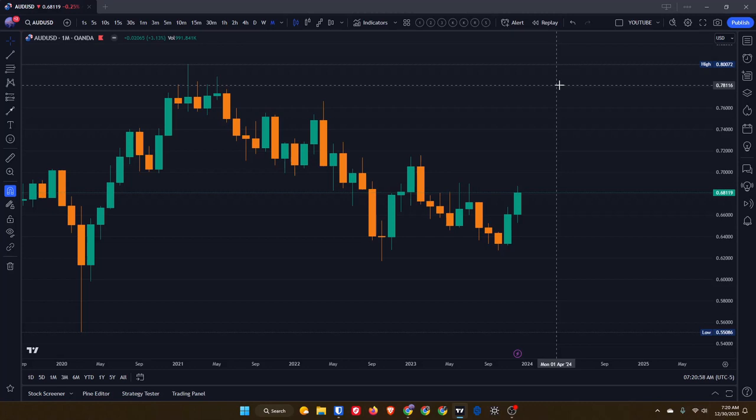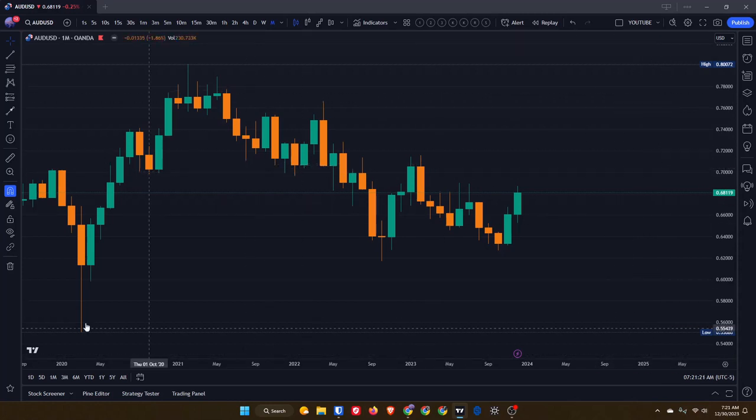Because the more confluences and tools that you combine, the greater the chance that you'll be right. But as with anything, nothing is 100%. So that's why you want to use multiple confluences to increase the chances that you're going to be right. Okay, so that's basic candlestick analysis.